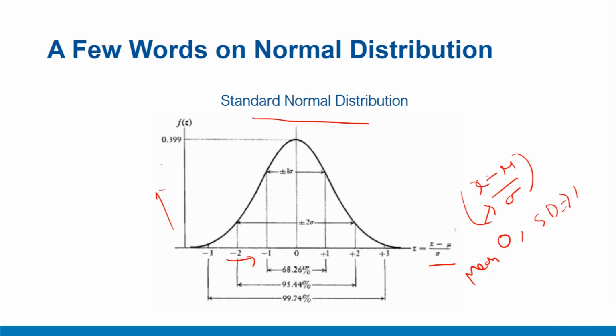On the y-axis, instead of frequency or percentage frequency, we use something called probabilities, or rather probability densities. So for example, each point will represent a particular standardized return in Z form, and on the y-axis we'll have the corresponding probability, which is essentially nothing but probability density.